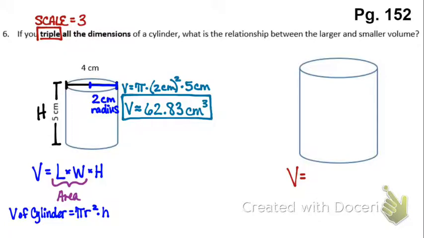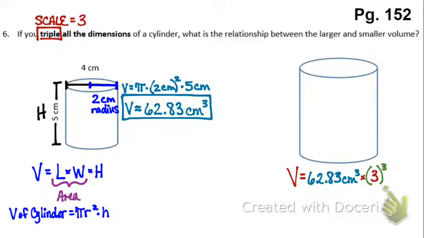Yes, we're going to take the volume of the smaller cylinder, 62.83 centimeters cubed. We're going to multiply that by, one more time for me, scale to the 3rd power. So I have 2 3's here.